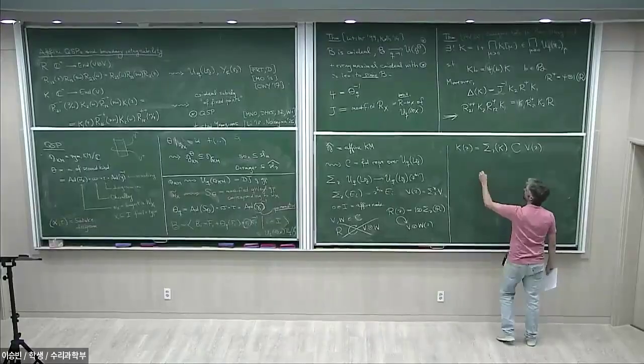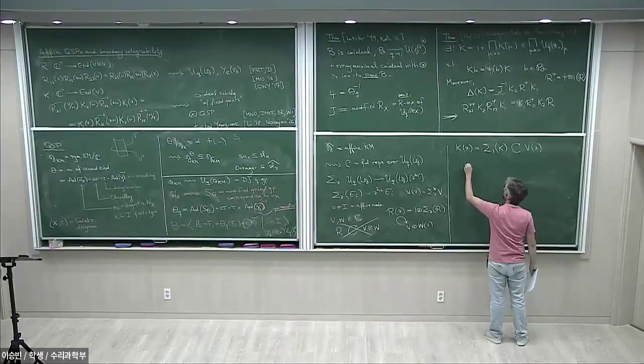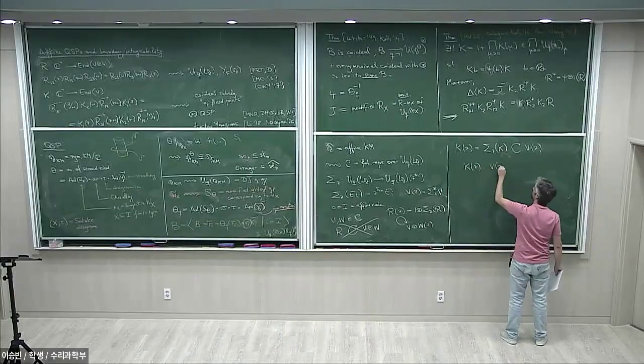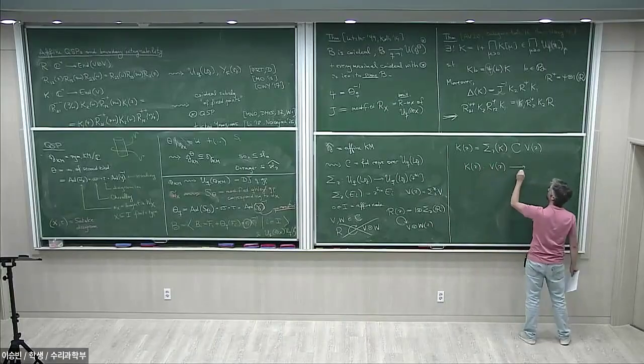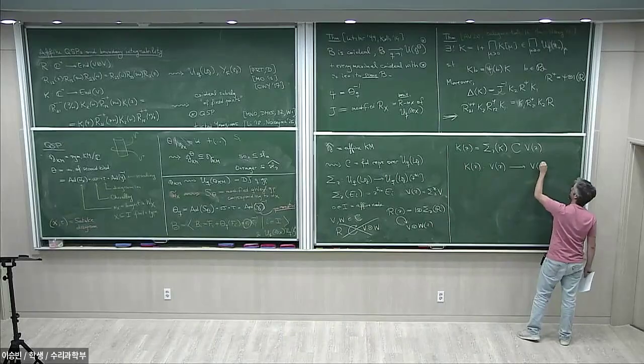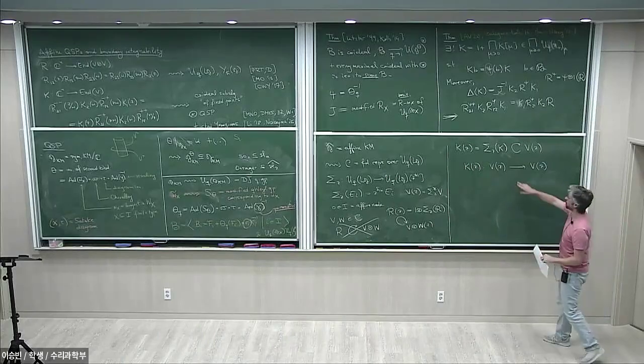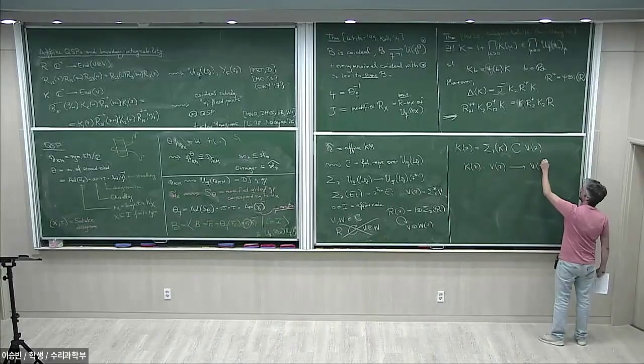And the way we understand it now, this is actually going to be some intertwiner with respect to B. So, if I look at the intertwining equation and then I evaluate it, this would be something like this.